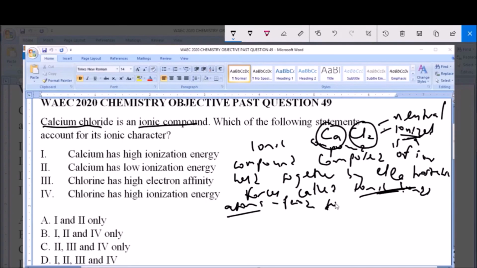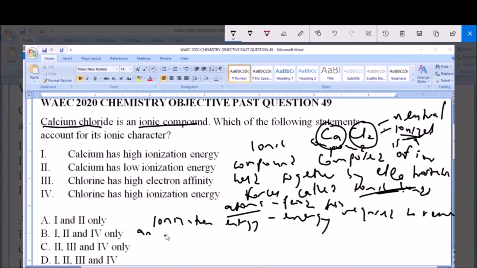So let's look at how it works. Now 1 and 2 talk about ionization energy, and ionization energy refers to the energy required to remove an electron from an atom, specifically each atom in a mole of gaseous atoms.